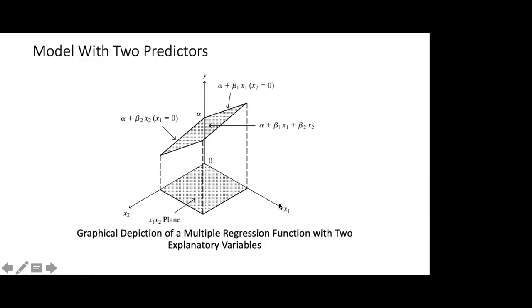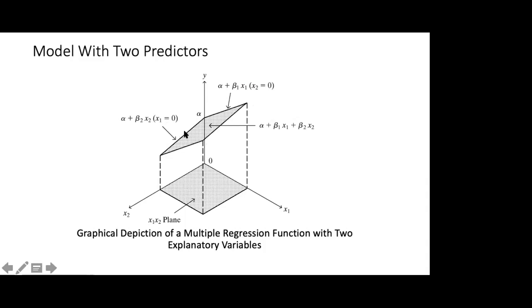One for the first predictor and the other one for the second predictor. And instead of a regression line, we now have a two-dimensional regression plane, right? That's described by this equation here. So this is our regression plane. And you can see that it has a slope in the x1 direction, and it has a slope in the x2 direction, right?